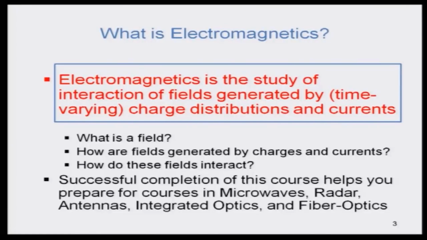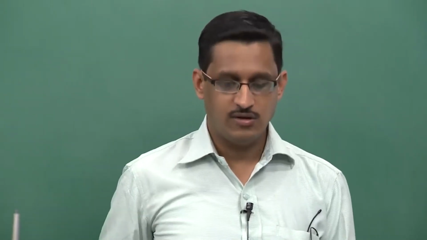So the question that should naturally come up is, what is a field? Then how are these fields generated by charge distributions and currents? How does a particular charge configuration generate a given electric field or magnetic field? And how would a current distribution generate a magnetic field or an electric field, and then what is the interaction between these two fields? So this is broadly the scope of this course.